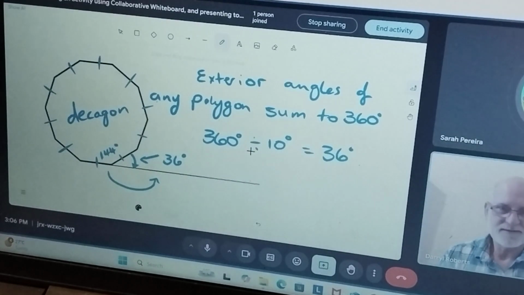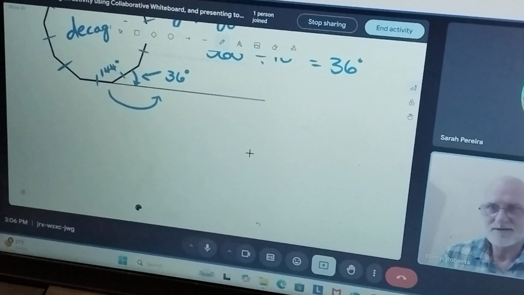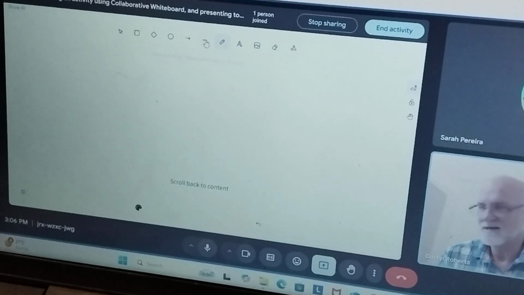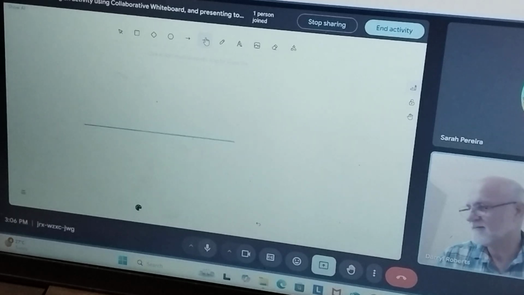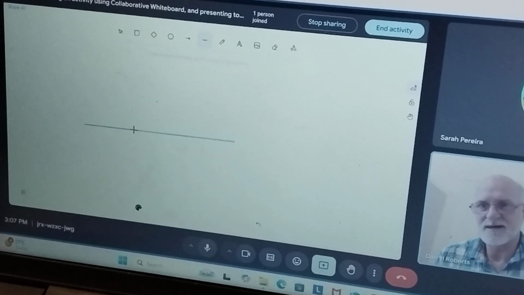Now, knowing that, there's a question in your exercise that does this. They take a shape and they say, if we had a line going up there and another line going up there, and then another line to show you that it's the bottom of the shape.